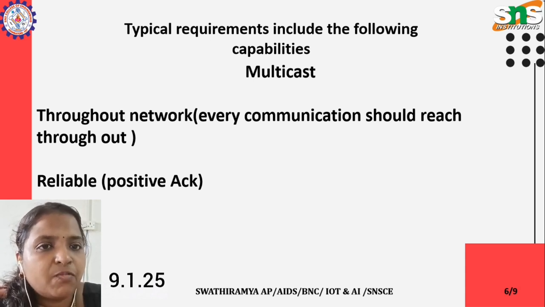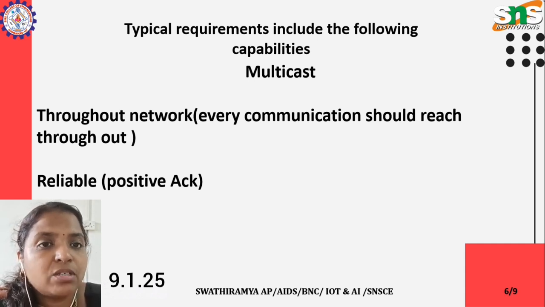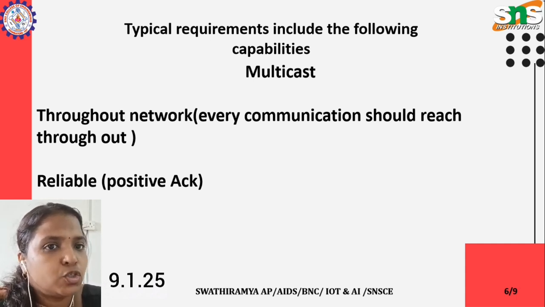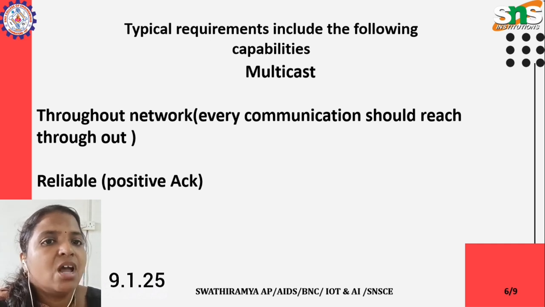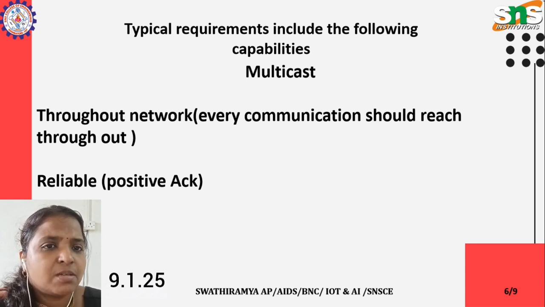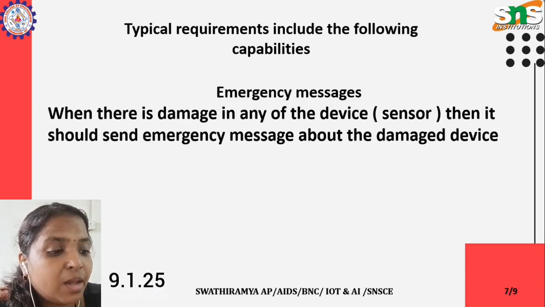For example, if I'm taking a class in the classroom, my voice should be audible to everyone. So whenever a message is sent by the device, it should reach throughout the network, and it should get the positive or the negative acknowledgement. That was multicast.